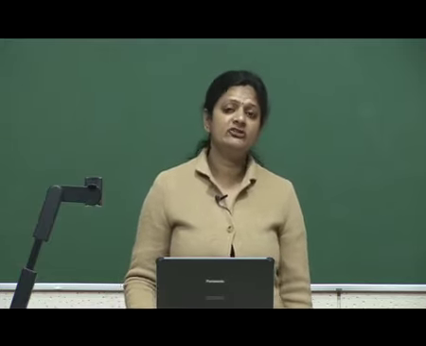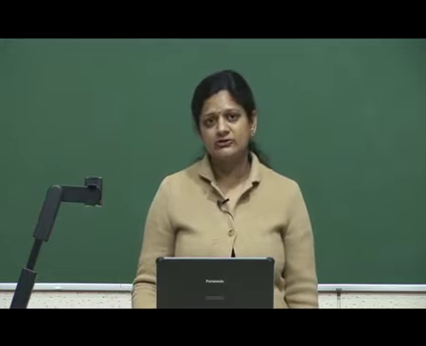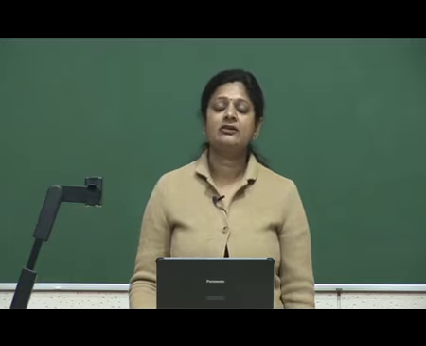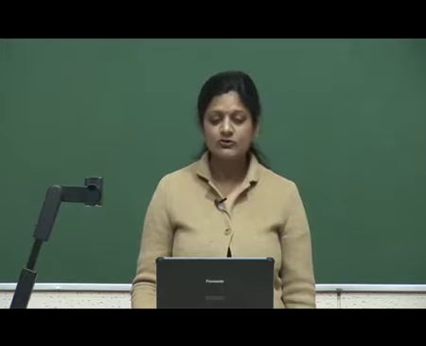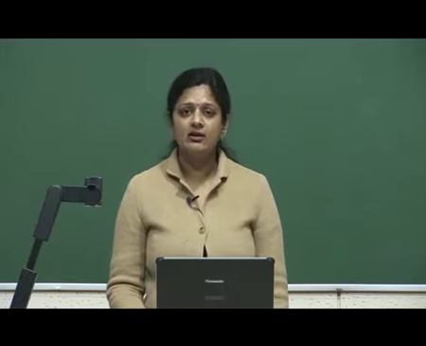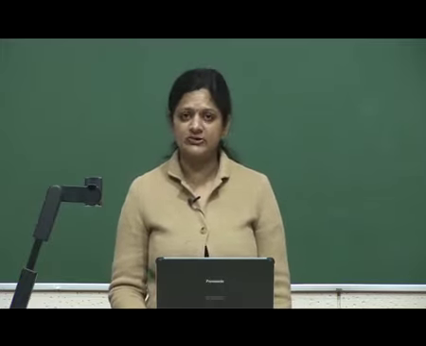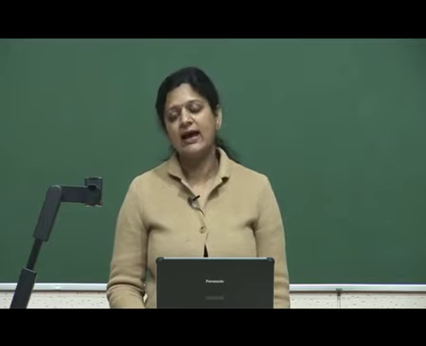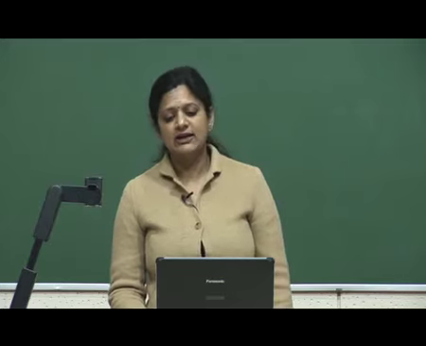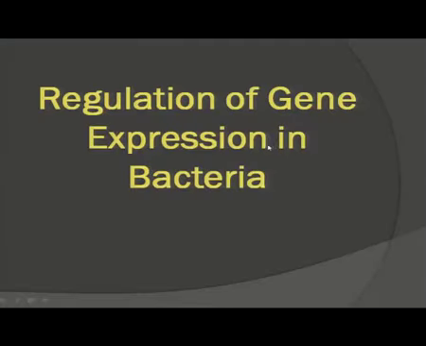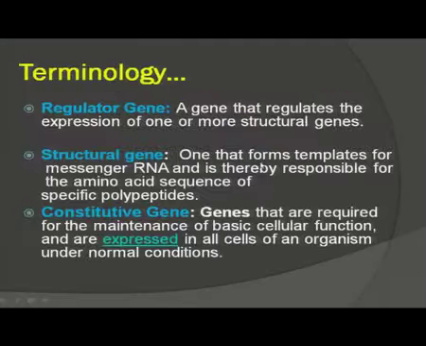This compartmentalization makes eukaryotes different from prokaryotic cells. So, there are different ways of control of gene expression in prokaryotes and in eukaryotes. Here, first we will learn about the regulation of gene expression in bacteria, that is prokaryotes.